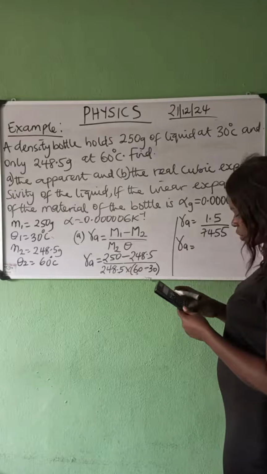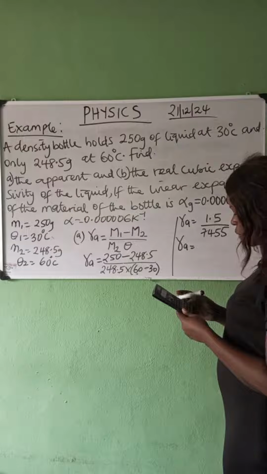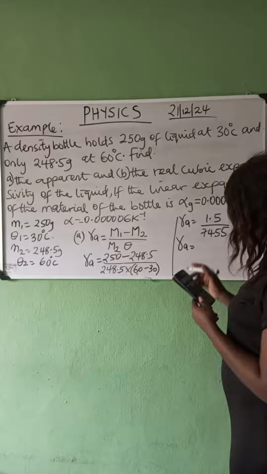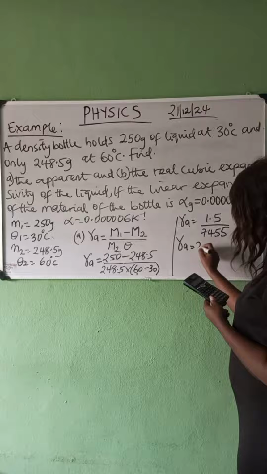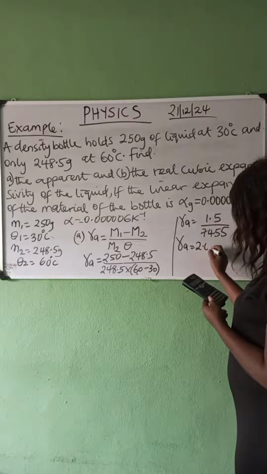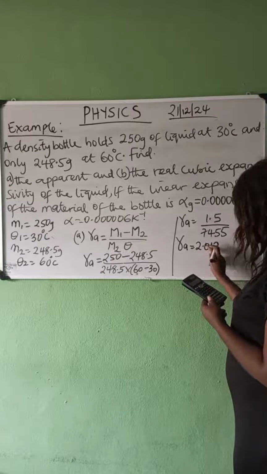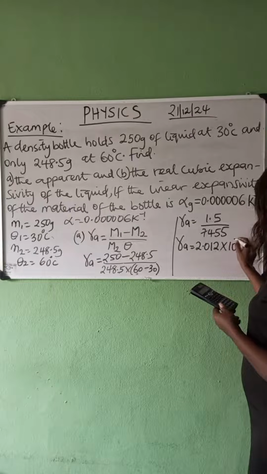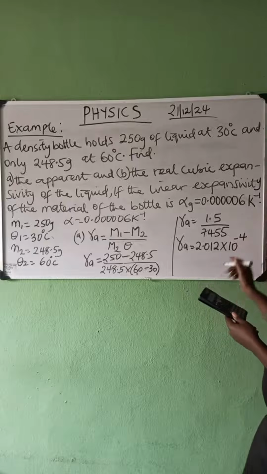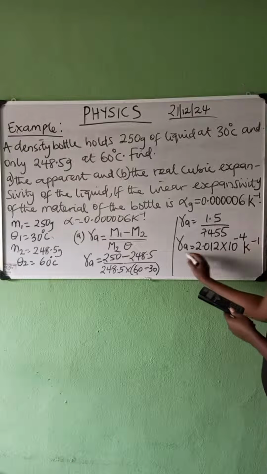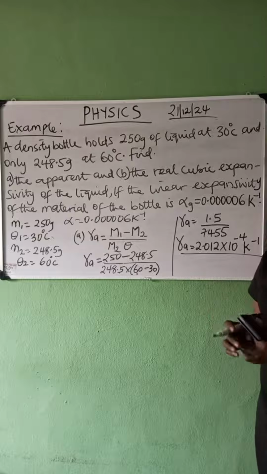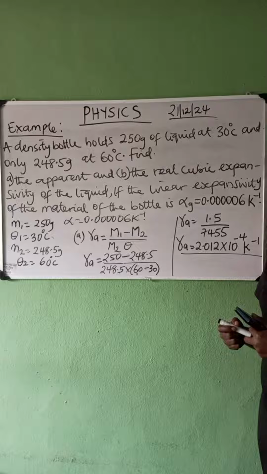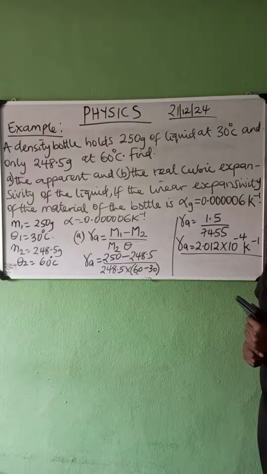Gamma A is equal to 1 by 7455, which gives 2.012 times 10 raised to the power of minus 4 per Kelvin. And this value is for the apparent cubic expansivity. Is that clear? It's for apparent cubic expansivity.